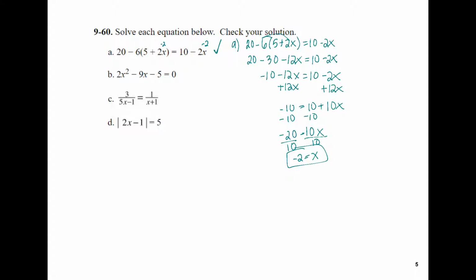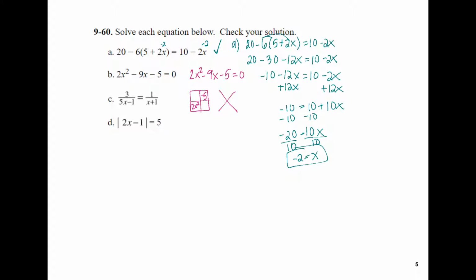When we solve B, we have 2x squared minus 9x minus 5 equals 0. I noticed that it is a quadratic equation. So the first thing that I am going to do is see if it factors. There is no greatest common factor.